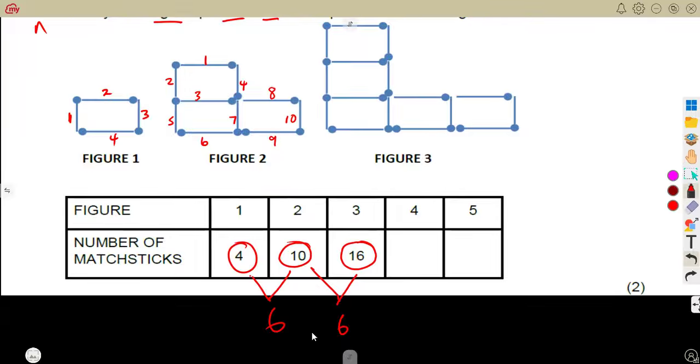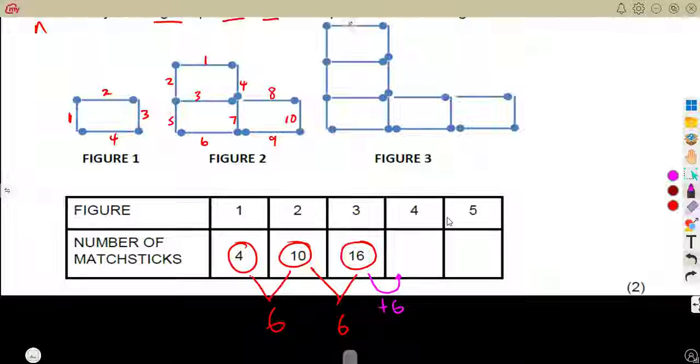So as you can see, there is a constant difference of 6, which means from the previous pattern to another, we must add a 6. So to obtain what is following here, we must add a 6. So that is the condition that we are simply having.